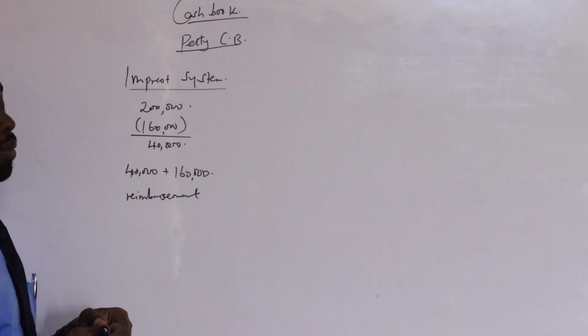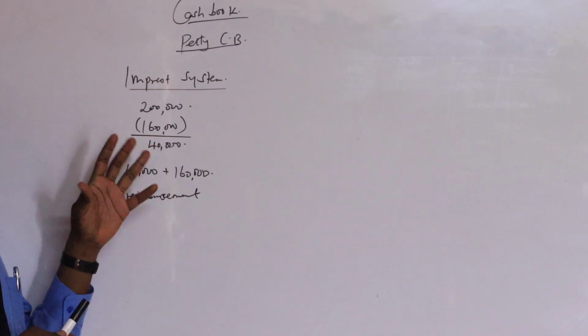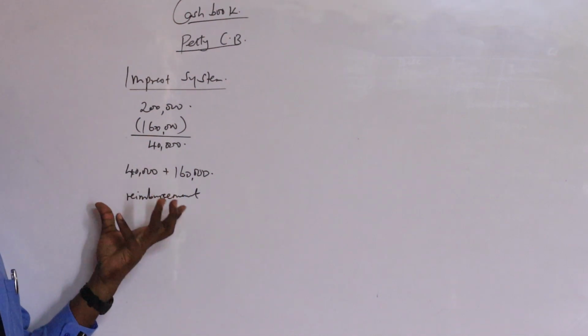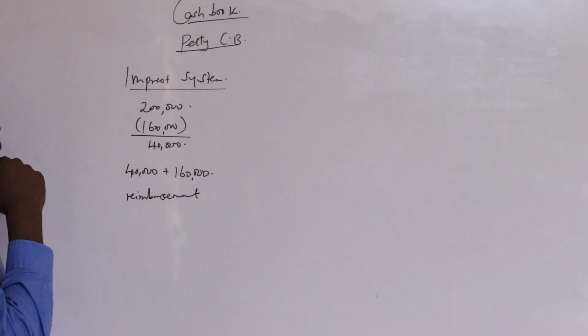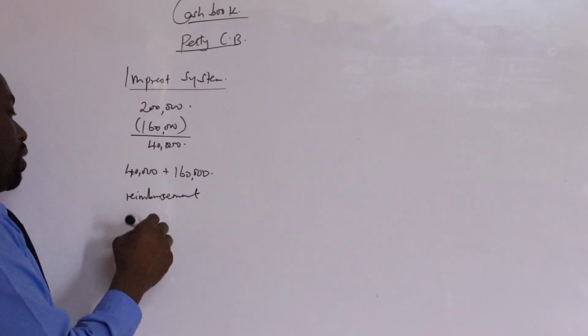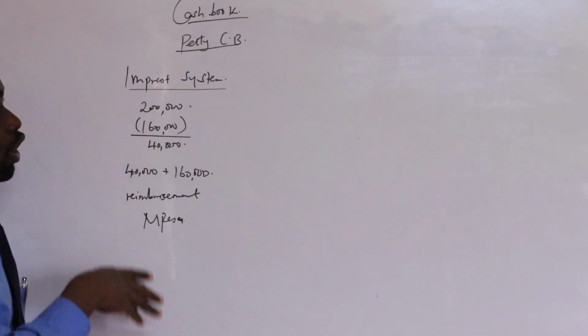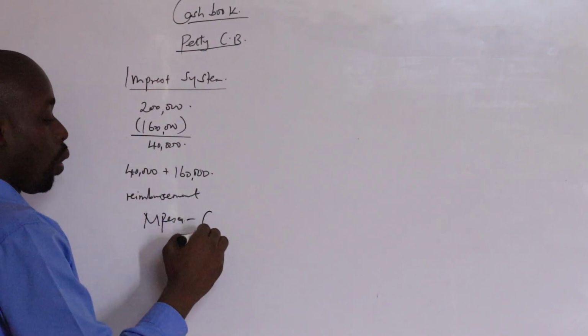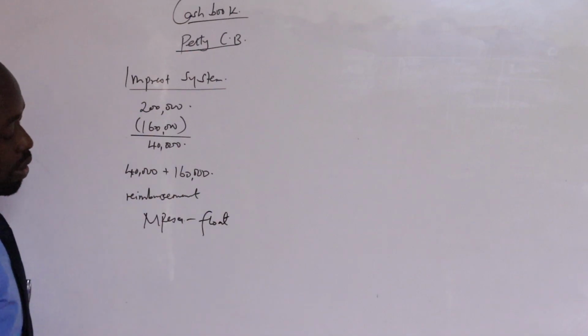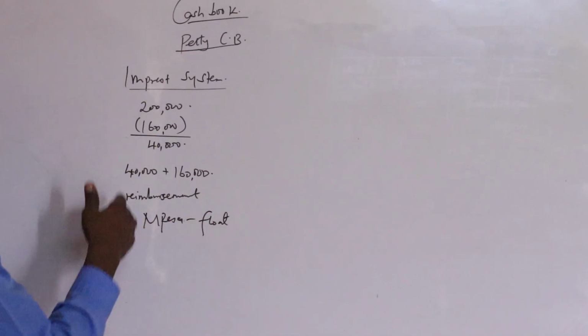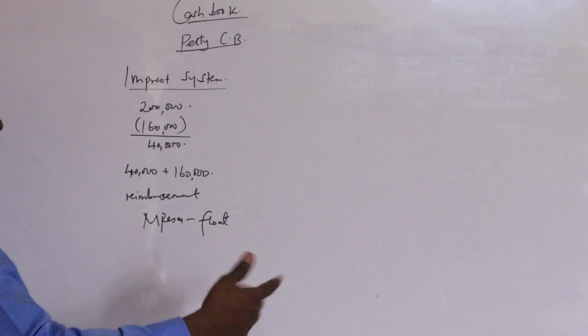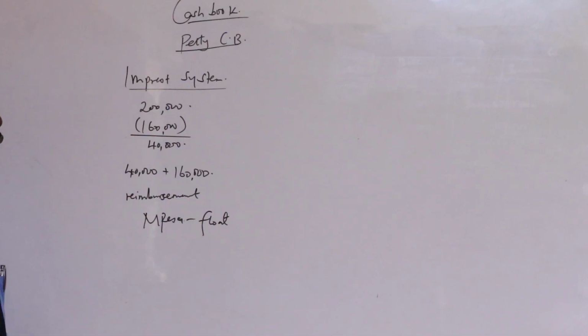One of the services, like in Kenya, that run on the imprest system is the M-Pesa services. The amount that is equivalent to the imprest amount, they call the float. So the float is equivalent to how much they can give out to clients doing withdrawals.